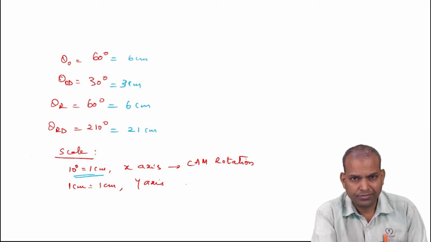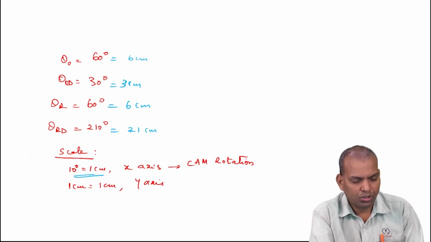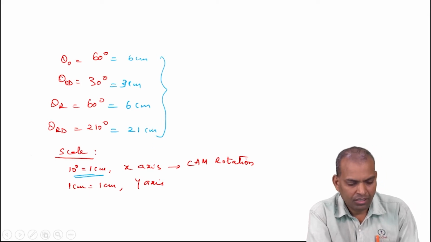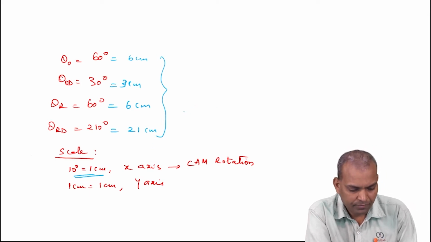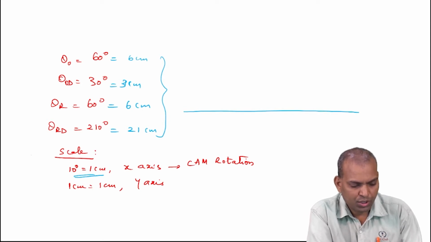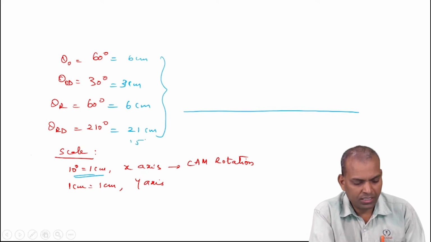So draw a rectangle with the length of the total sum of the lengths along a straight line. What is the total length? 6 plus 3 plus 6 is 15, and 15 plus 21 is 36.